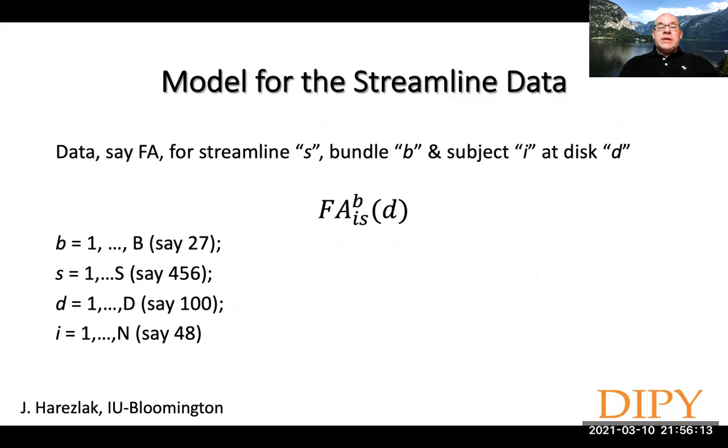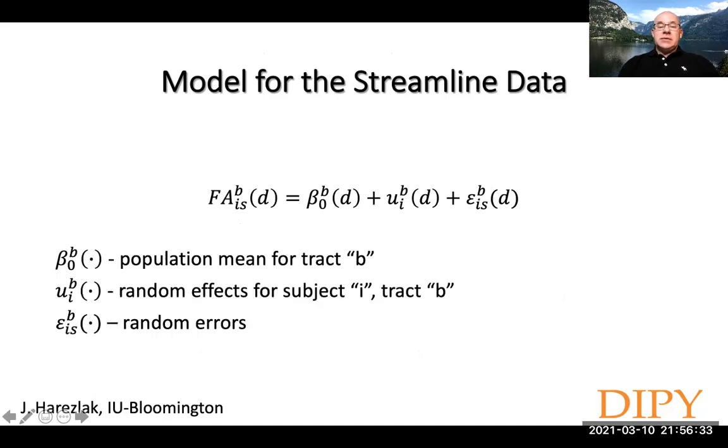So what data do we have? We have data for streamline S, for subject I, bundle B, at disk D. So we'll treat all of those points as data points, and we will model the whole data for all the streamlines, all the bundles, for all the subjects at all the disks using a model as I'm presenting here.